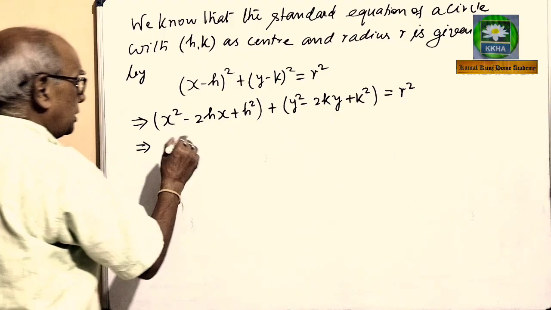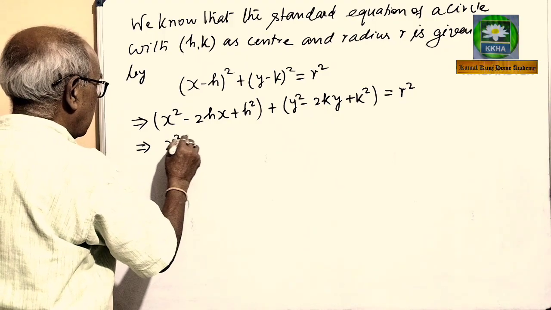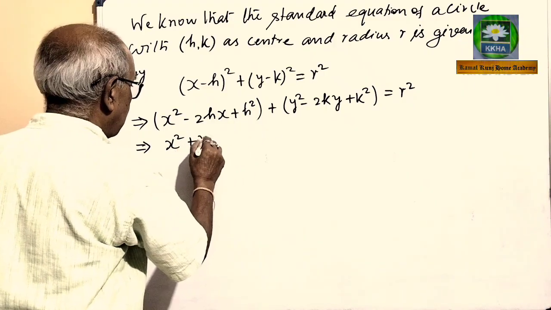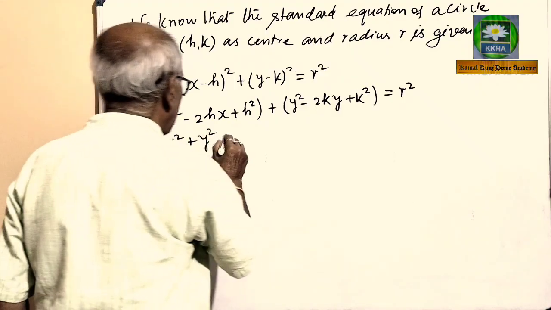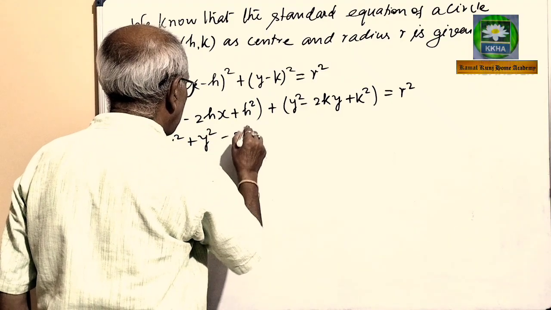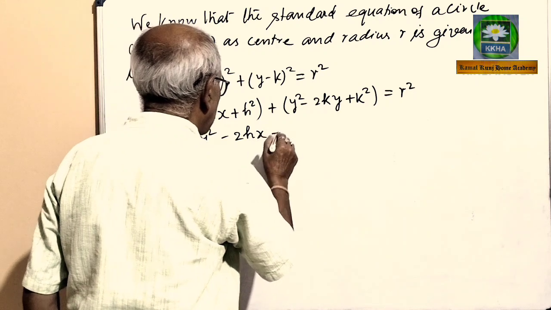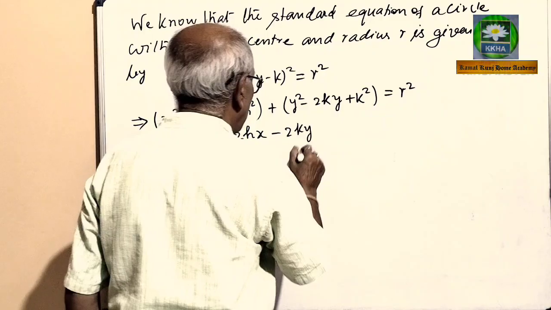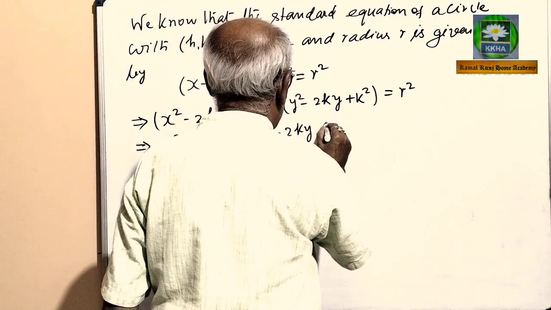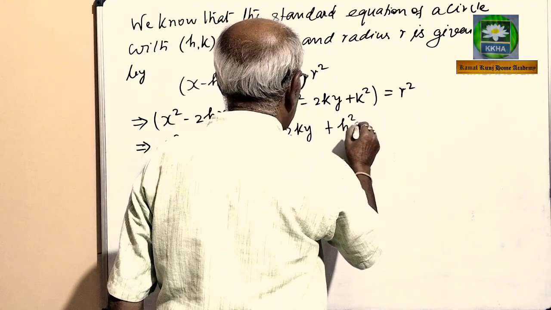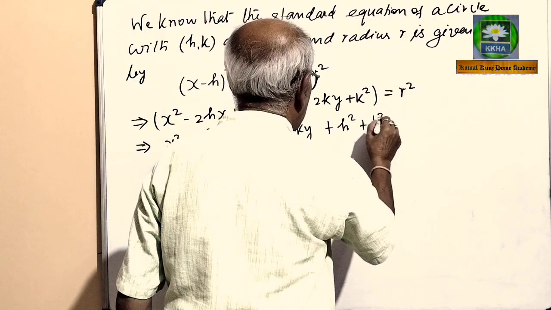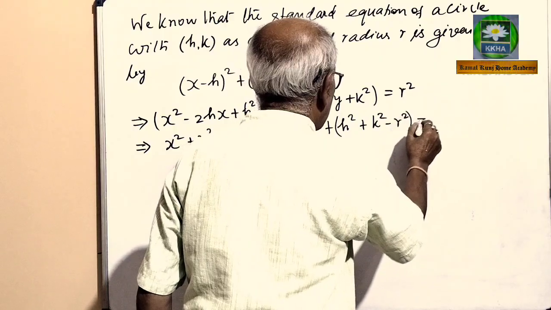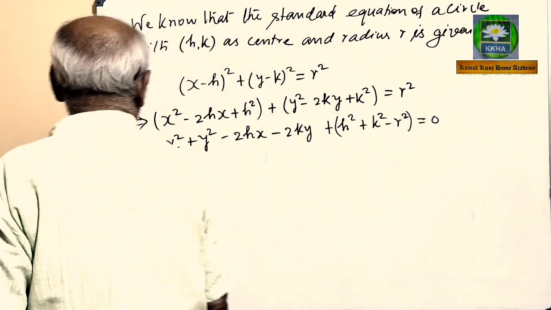This implies that x square plus y square minus twice hx minus twice ky plus h square plus k square minus r square equal to 0.